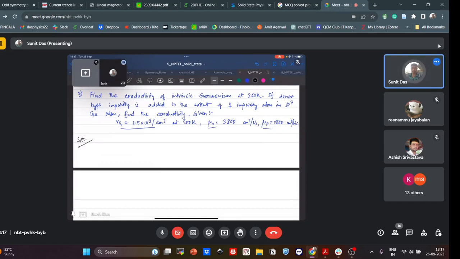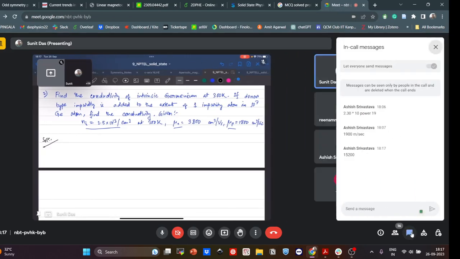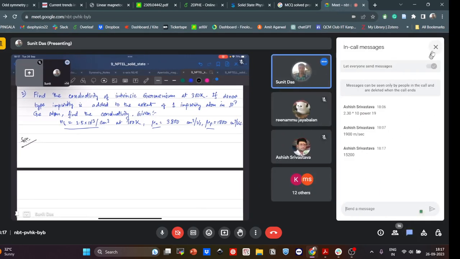So any idea how do I solve this problem? Is this the conductivity? No, conductivity is not 15,200.